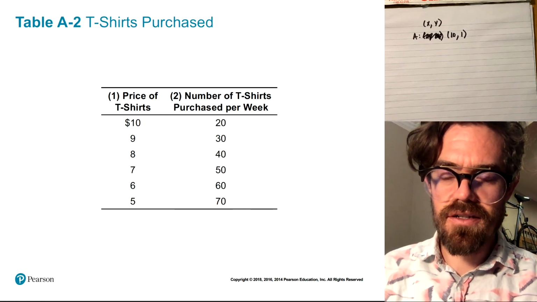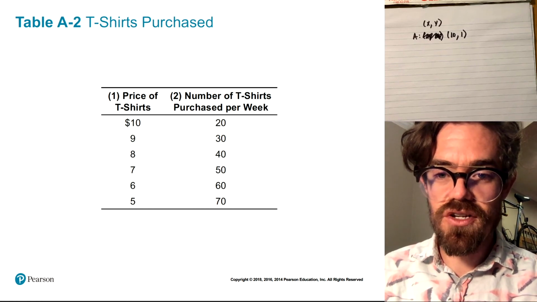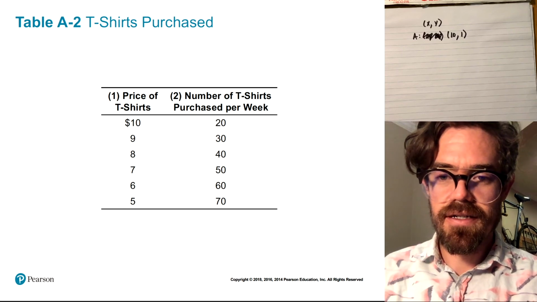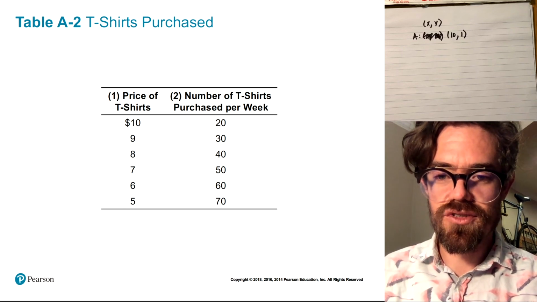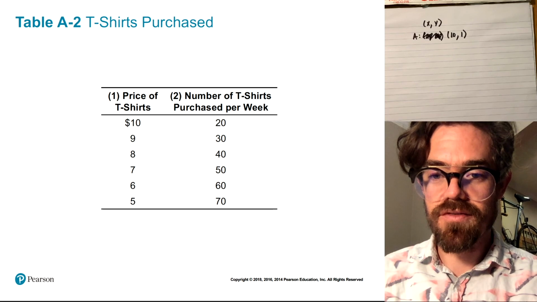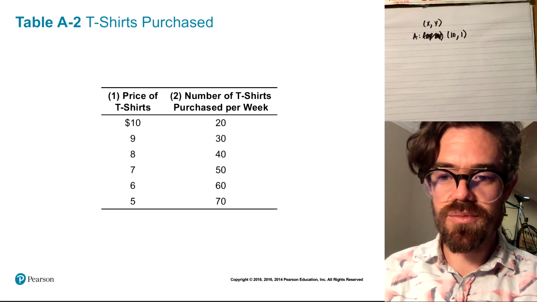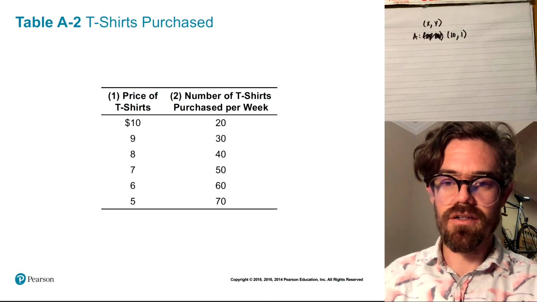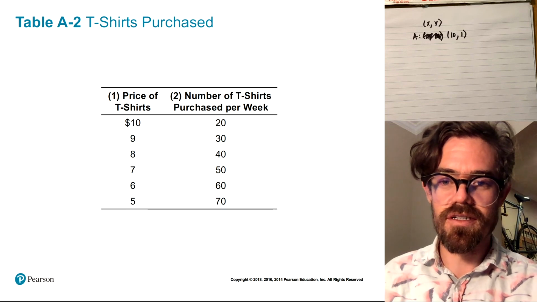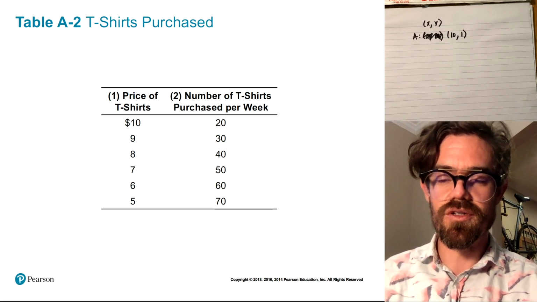All right, so here's another table, a table of t-shirts purchased. So we've got the price of shirts in the left column and the number of t-shirts purchased per week in the right column. So that's the quantity, in other words, of the t-shirts purchased per week.